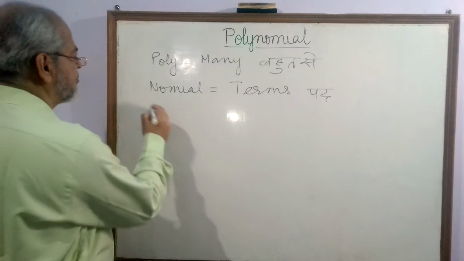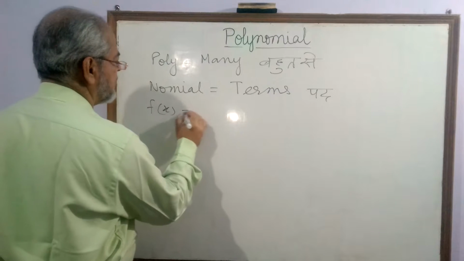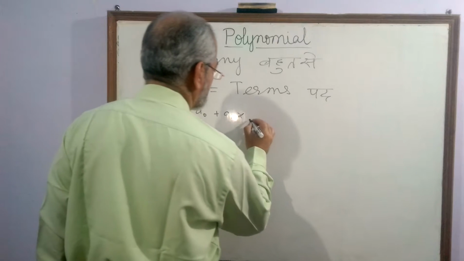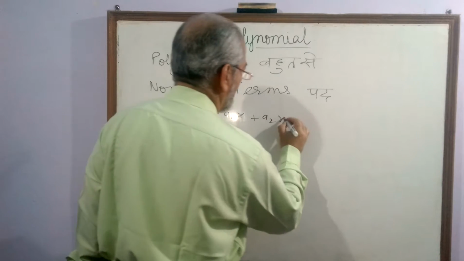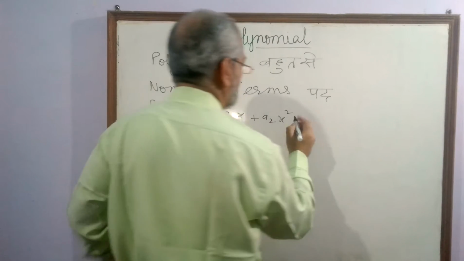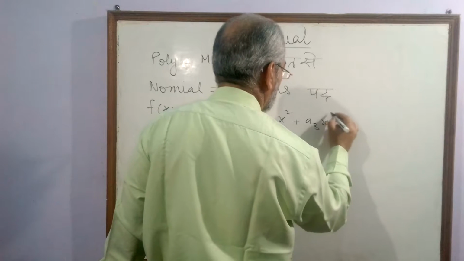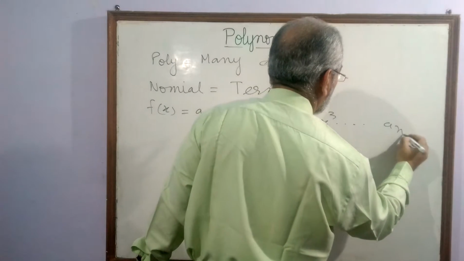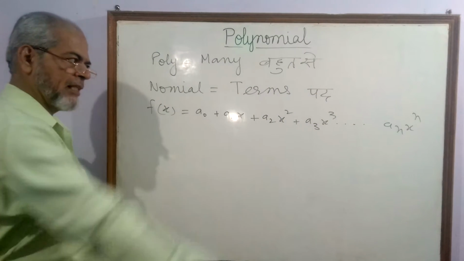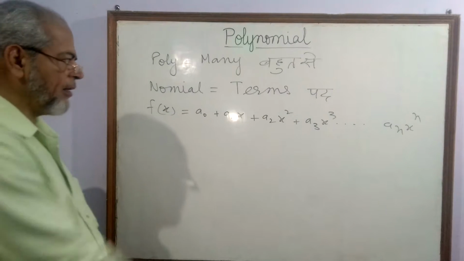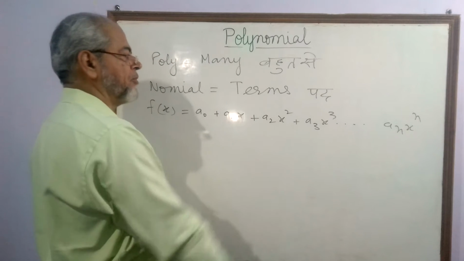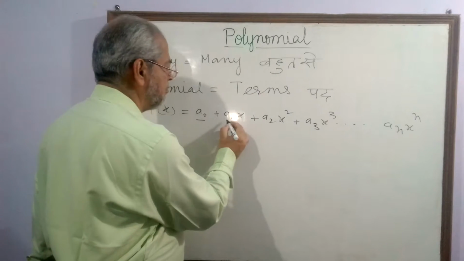For example, f(x) is equal to a0 plus a1x plus a2x square plus a3x cube and so on an x to the power n. So this kind of expression where there are many terms and these terms contain some constants.